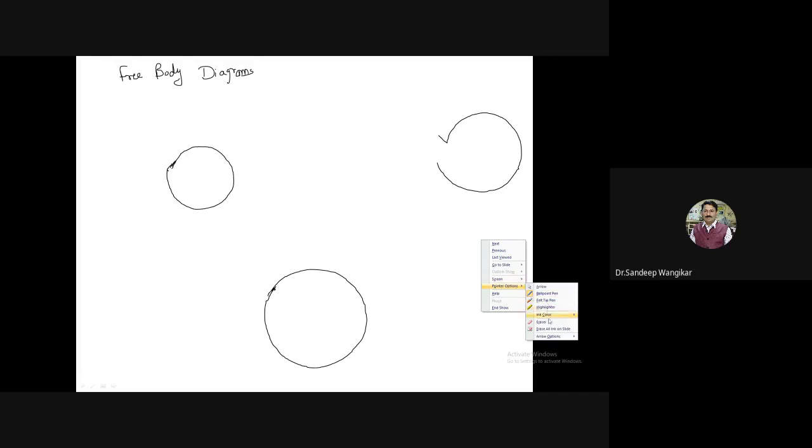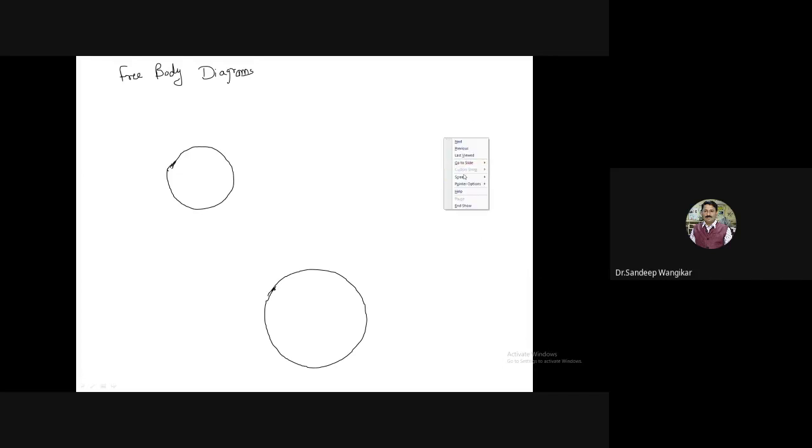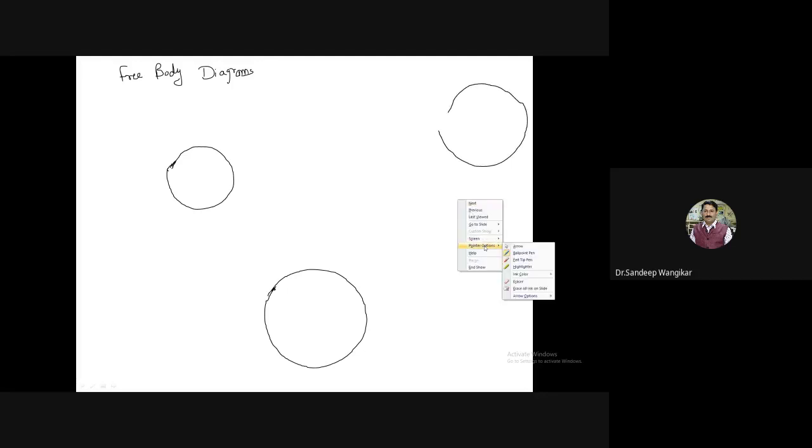So this is the third one. And now let us go for showing the actual components.